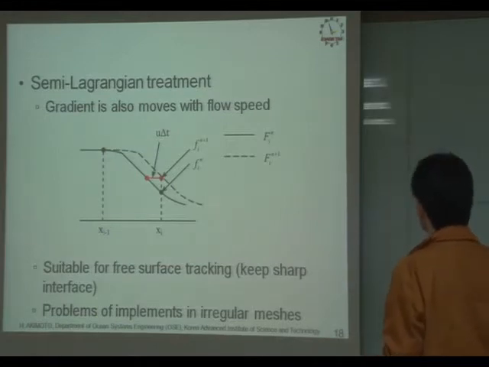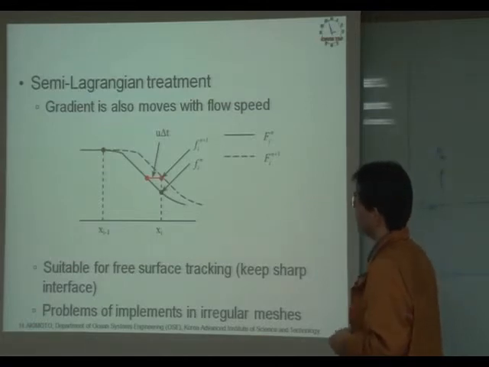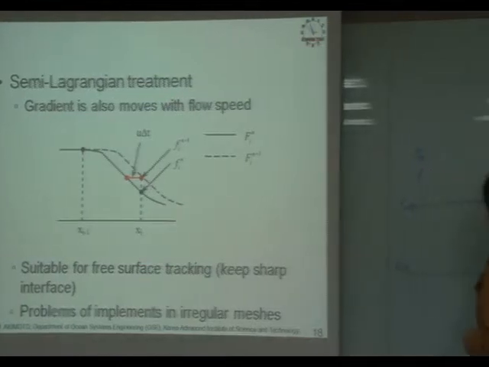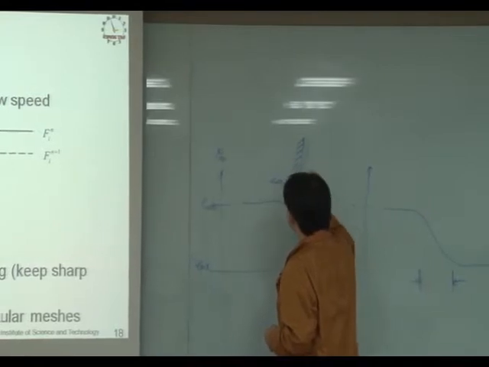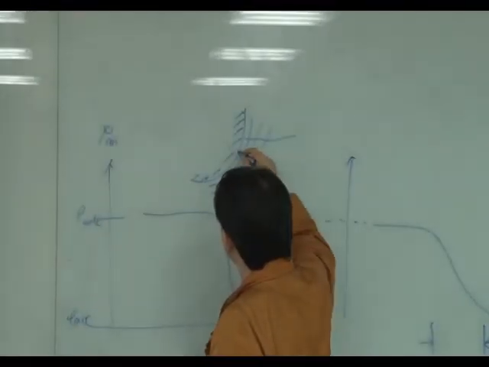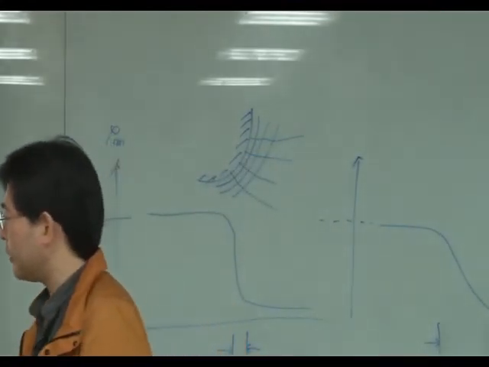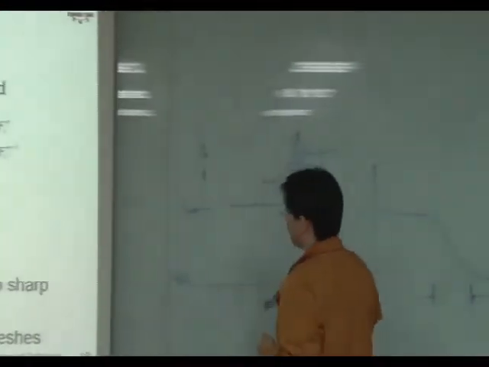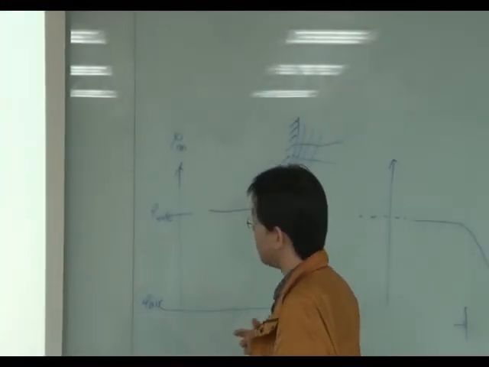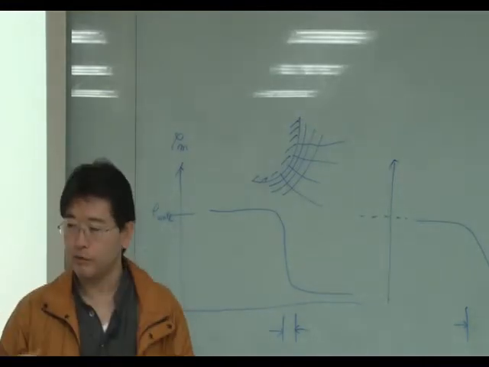But in curvilinear space, like around the hull surface, the mesh is not equal spacing and it is not rectangular shape. So interpolation of values will be more difficult.